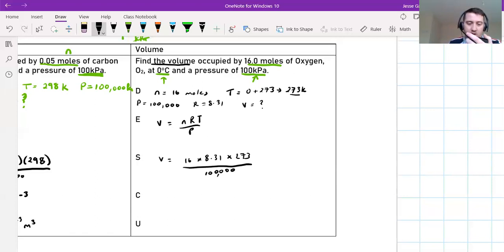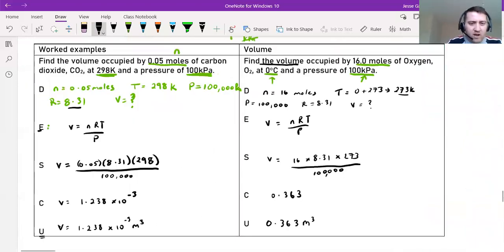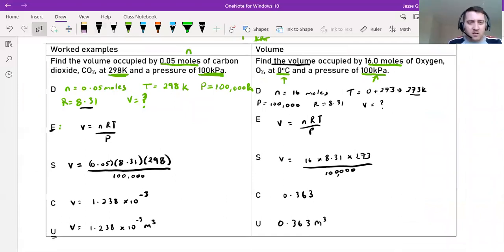Just make sure you got the right amount of zeros. Yep. Getting 0.36298. So I'm actually going to round it to 3 decimal places. 0.363. And on the next line, 0.363, units are meters cubed. I'm just going to go back and check that previous one. Oh no, that makes sense because the moles was a lot lower here than it was here. So that makes sense. Okay, I thought they'd be closer than that, but yeah.